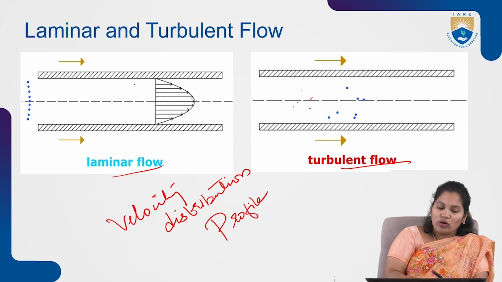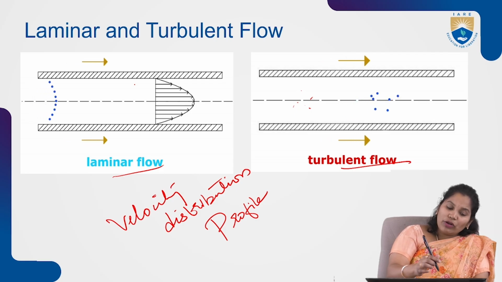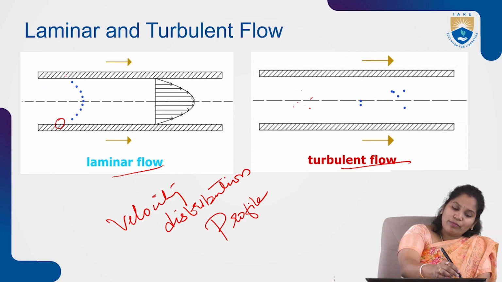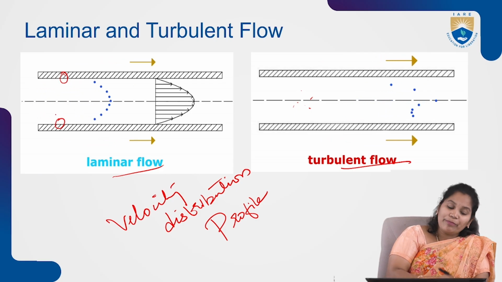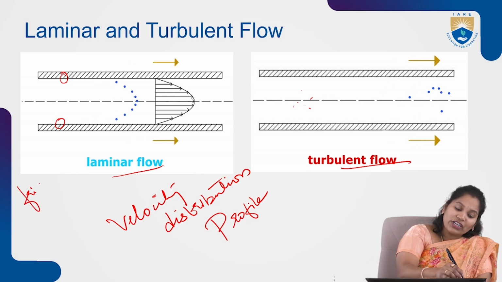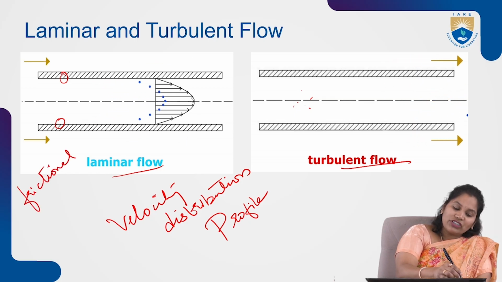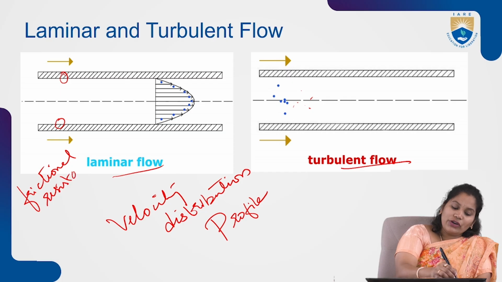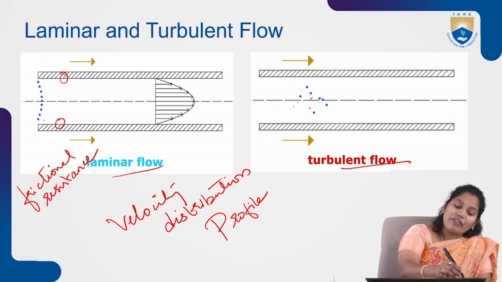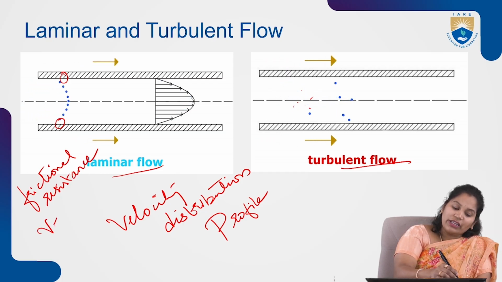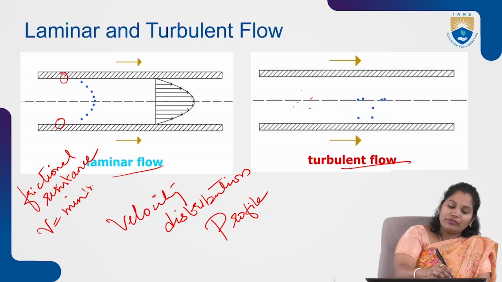Why? Because the boundaries of the pipe have some frictional resistance. Due to this frictional resistance, the velocity at the boundary becomes minimum.